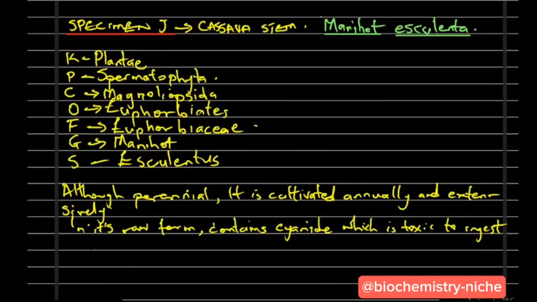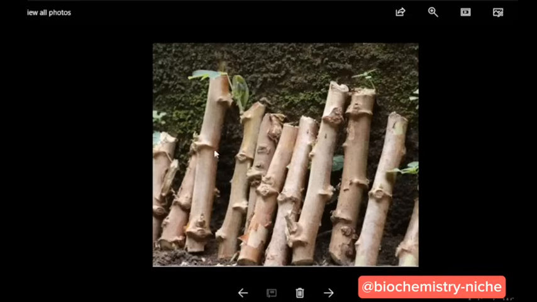Now, this particular stem is what is used in propagating this plant. This plant is cultivated using its stem because it has what we call nodes on the body part of the stem. This is an example of a stem of the cassava plant. At these junctions, you can see all of these are nodes on which a new plant is already sprouting.